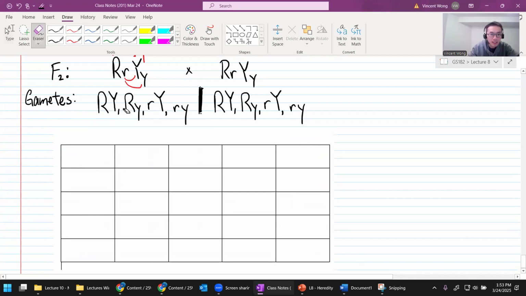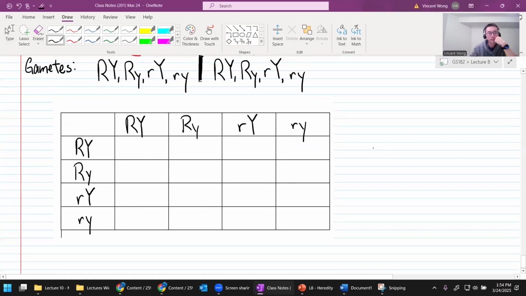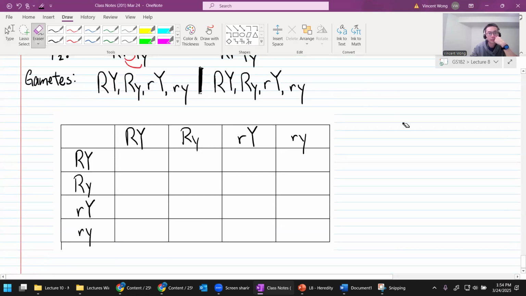Okay, so I'm going to take these and put them on the side. I know it takes some time for you to write it out as well. Four gametes by 4 gametes, that's 16 different combinations, okay?